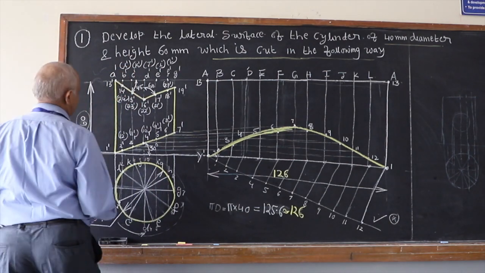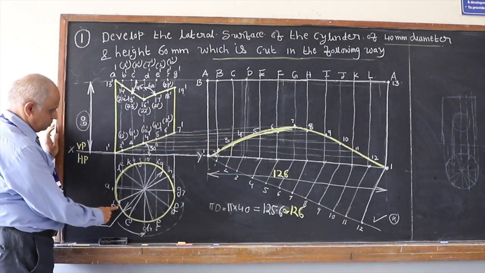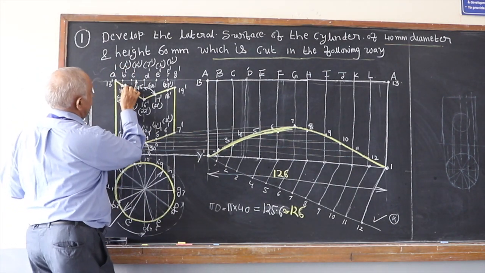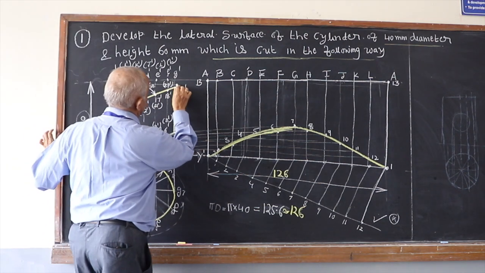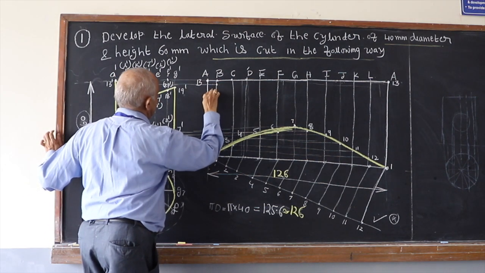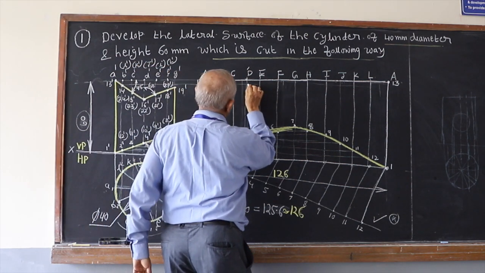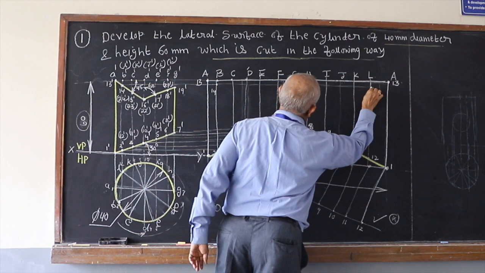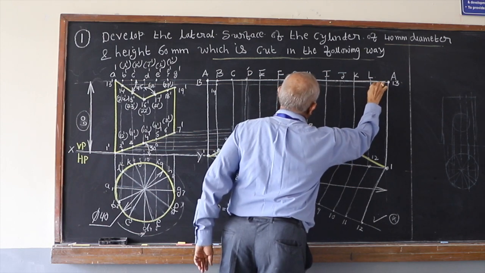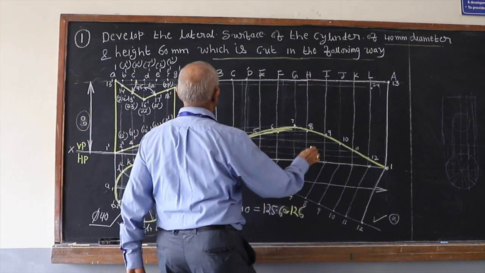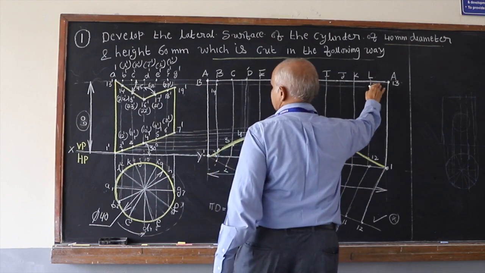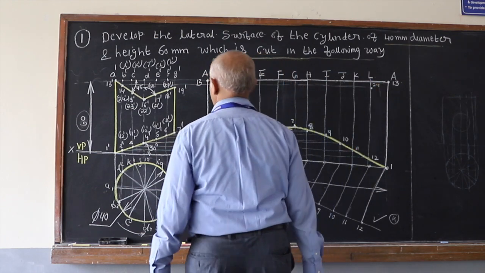Then 14 and 24 are on B and L. So 14, you take the projector from here, this is 14, and the other side 24. If you project it here, remember it has to be on L, and this is 24. This is 14 and 24.